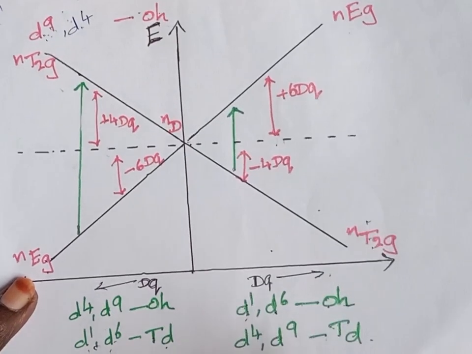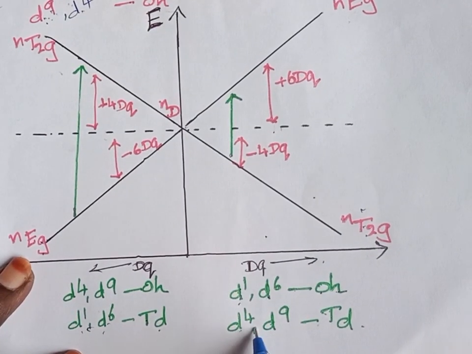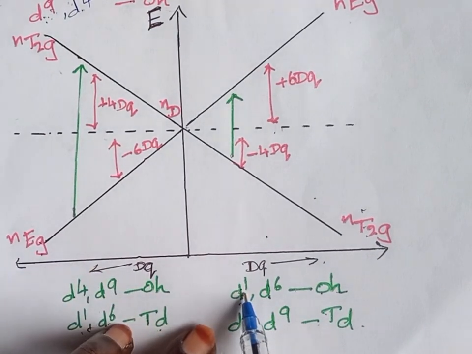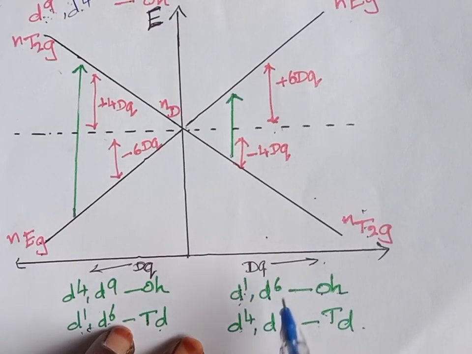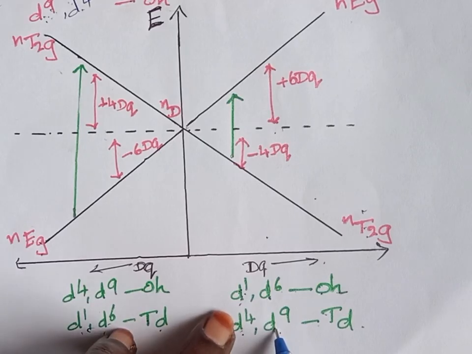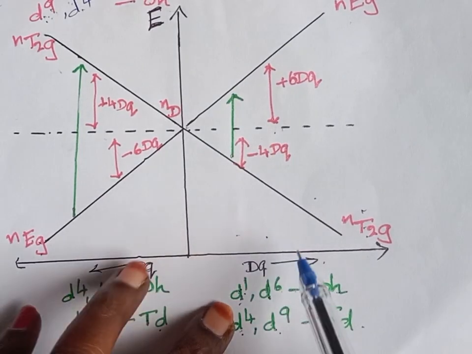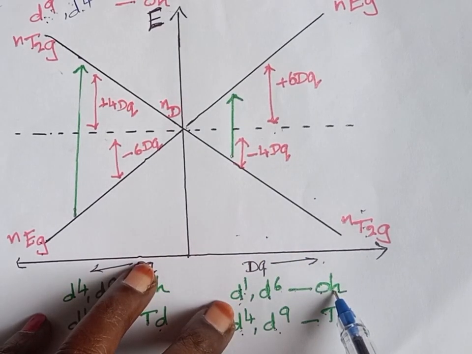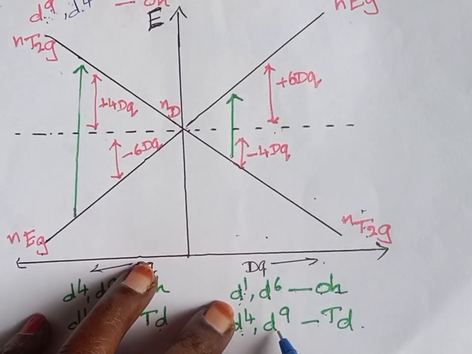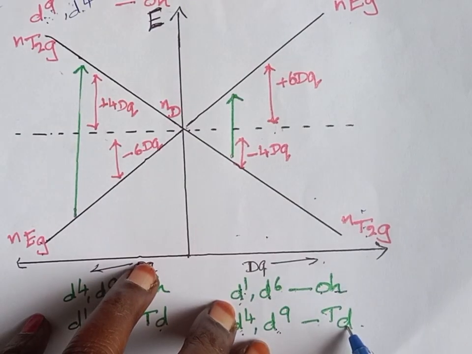So if we come to D9, D4. D1's whole reverse configuration is D9. D6's whole reverse configuration is D4, right? So D1, D9 will have reverse diagram. If it is D1 for octahedral complexes, so the reverse diagram D9 of tetrahedral complex, right?